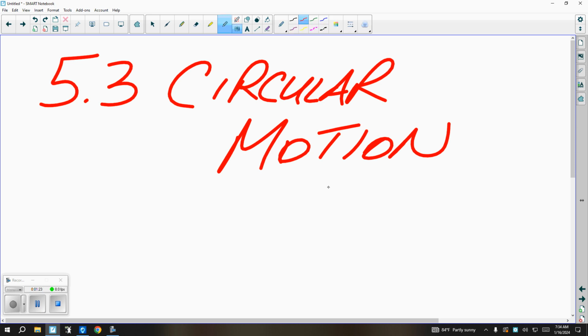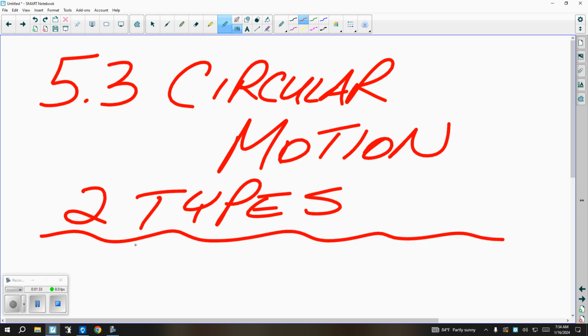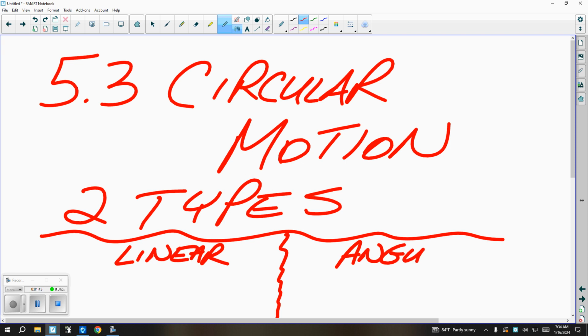Hey, there's two types of circular motion, and here they are. One of them is called linear, and the other one is called angular. And they're exactly what they sound like.